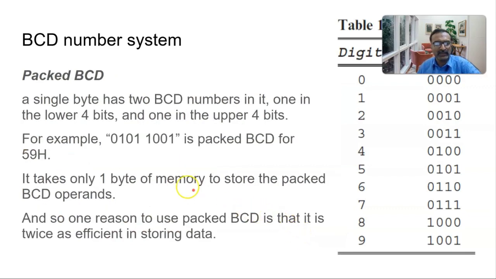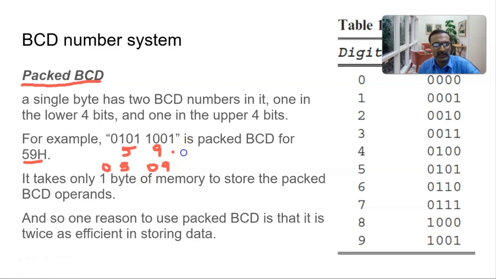And another format is the packed format. In packed format, each digit will take 4 bits. So for 59, we have 5 and 9. In unpacked form, you will write it as 0, 5, 0, 9.